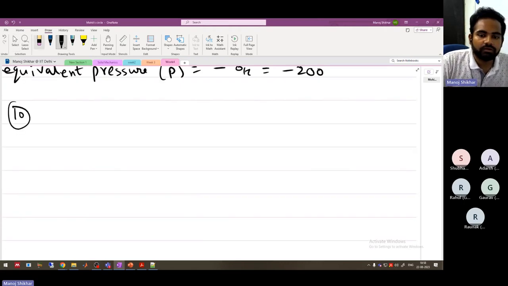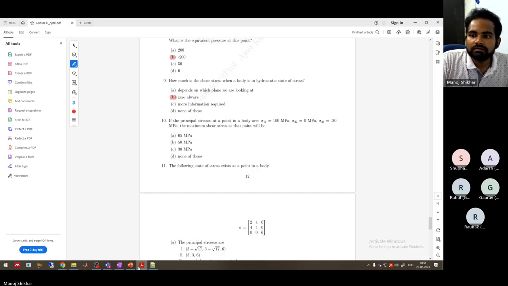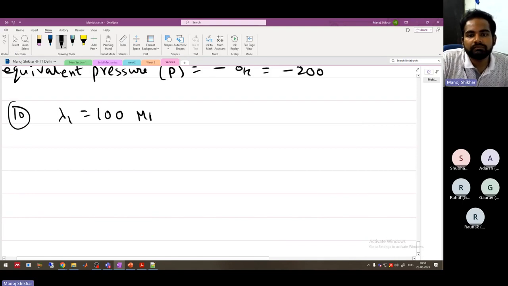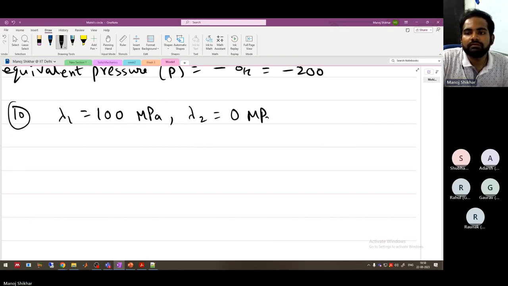Question 10, they have given what? Lambda 1 is 100 MPa, lambda 2 is 0 MPa, and lambda 3 is minus 30 MPa.